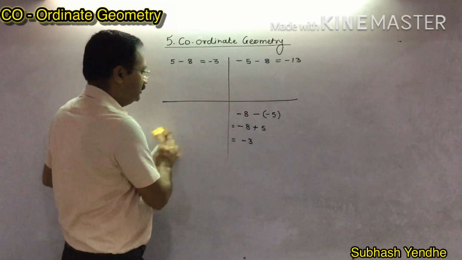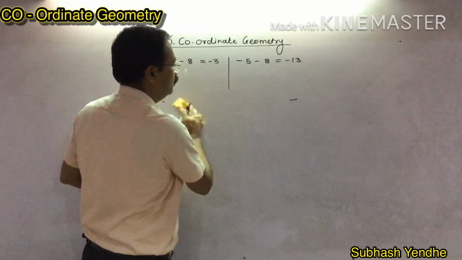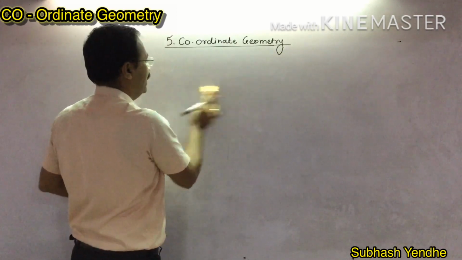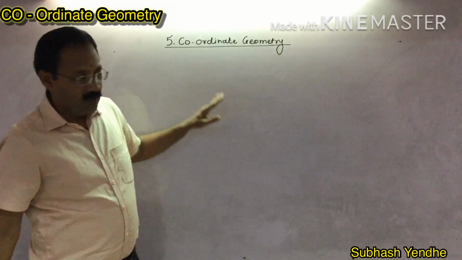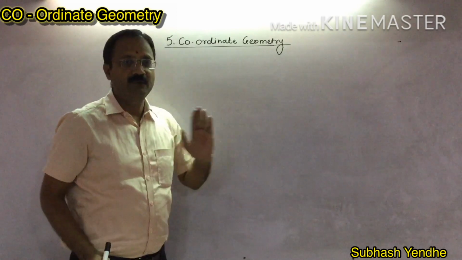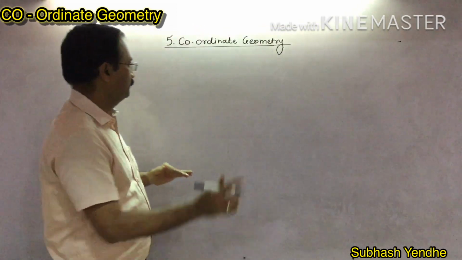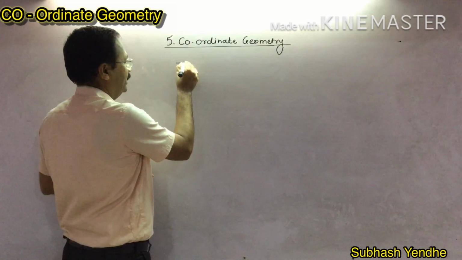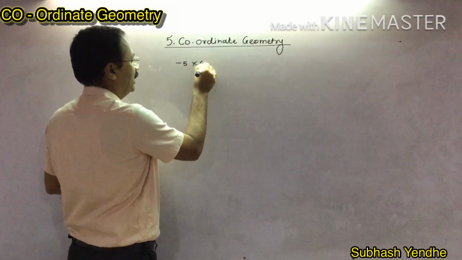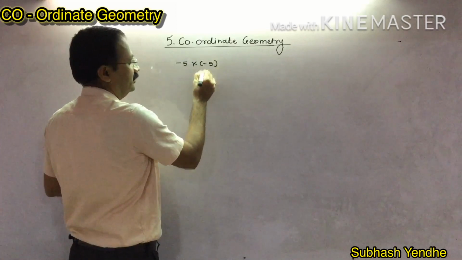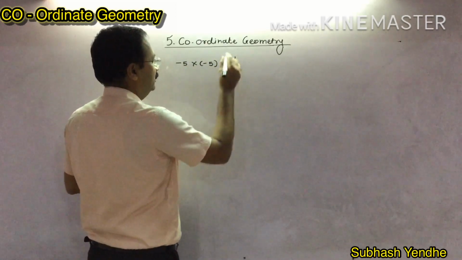Now let's start with the rules of multiplication and division. Both have the same rules, for multiplication also and division also. Let's start it. Minus 5 into minus 5. This is the first one.